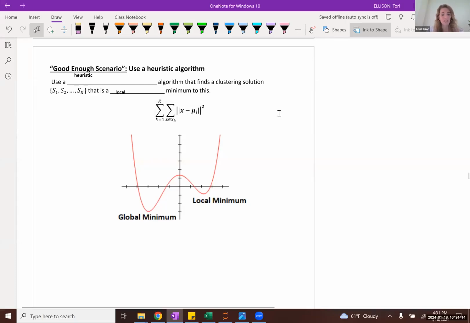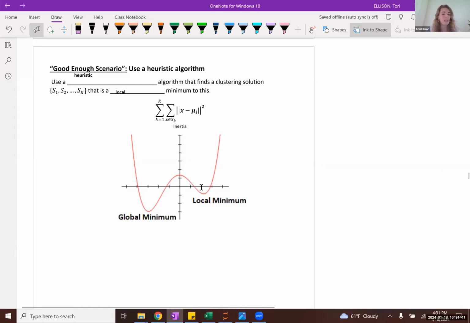And by that, we mean that if you keep engaging in the same series of steps, where here on your y-axis is the inertia, eventually you'll get to this point in which any other step, any other iteration of the algorithm, will lead to a worse outcome, or a higher inertia.